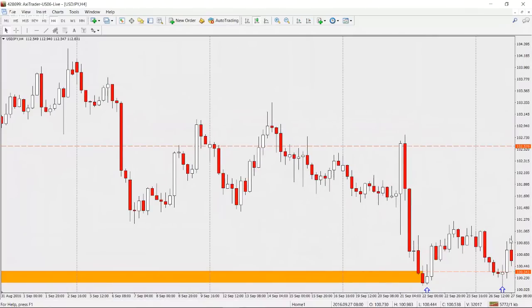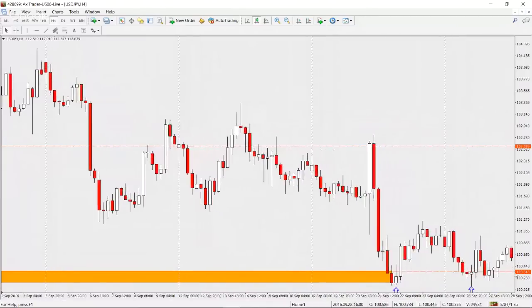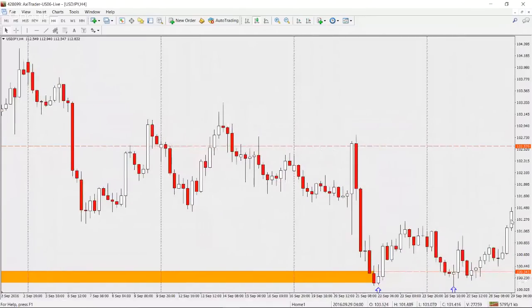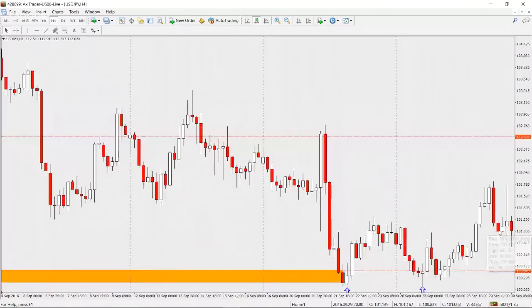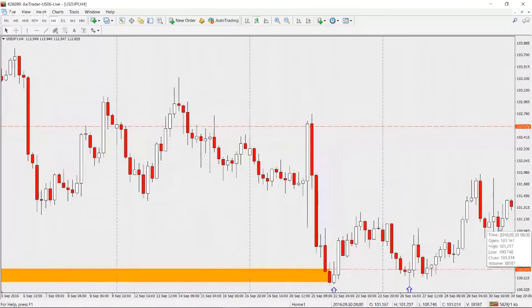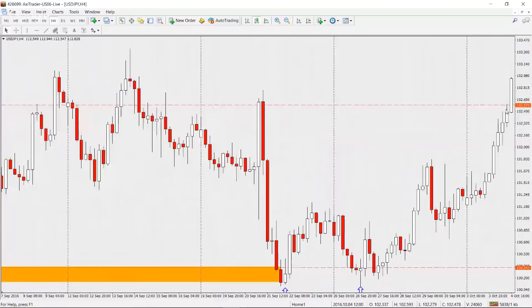So that candle would have triggered the trade, it would have pulled back and drawn down for about a day and a half, and then finally you're in some profit. You get up to this level here where you could have gone to break even or maybe taken a little bit of profit, though you would definitely have been stopped out there if you were at break even. But if you hang on, you do get to that next zone up there.